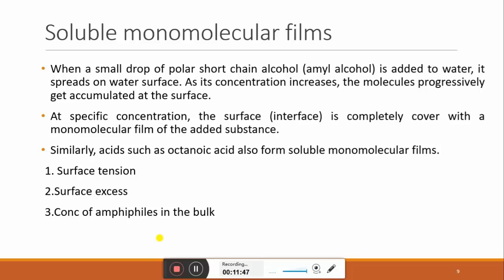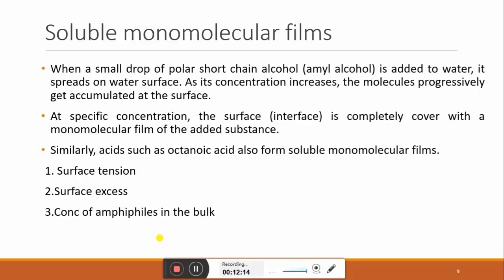For a soluble film, we generally determine three parameters. First is surface tension, second is surface excess, and third is the concentration of amphiphiles in the bulk. We can determine surface tension by using any of the methods we have discussed. Surface excess is the amount of surfactant present on the surface or interface.